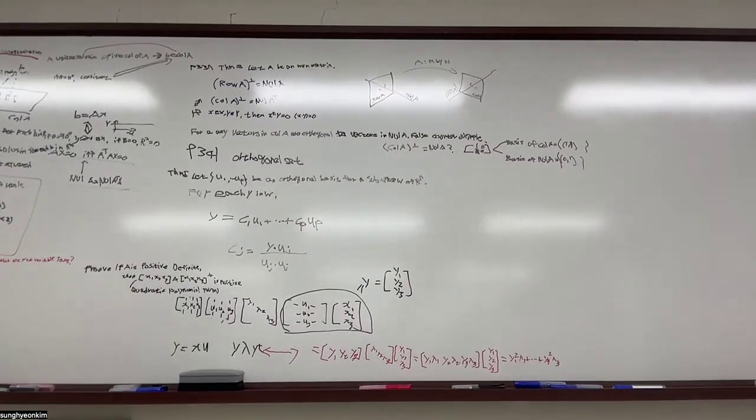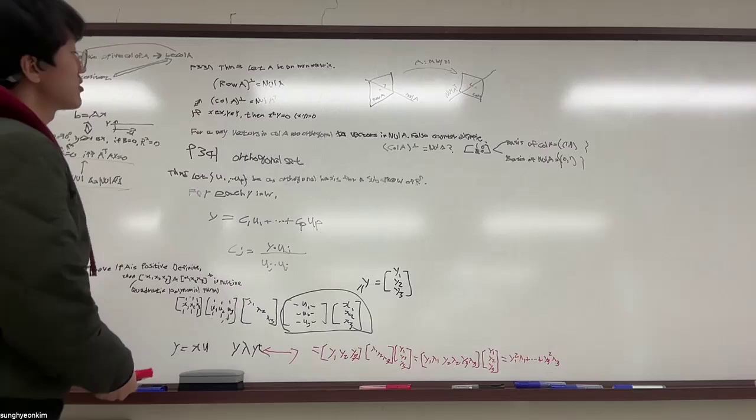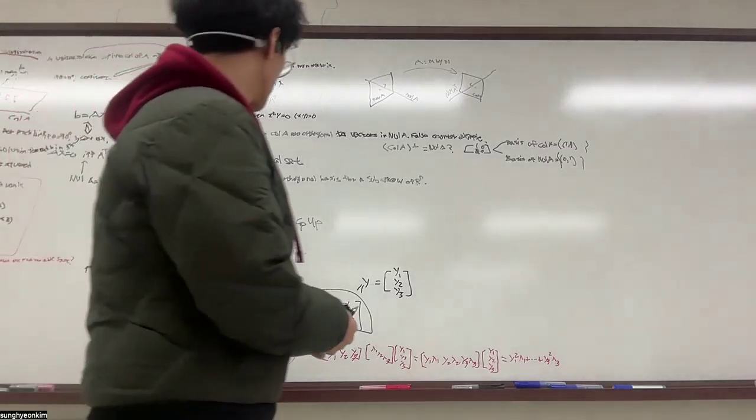Now we'll talk about orthogonal relations, which is: the row space of A is the orthogonal complement of the null space of A, and the column space of A is the orthogonal complement of the null space of A transpose, which means if we do the dot product with each other, they will become 0.